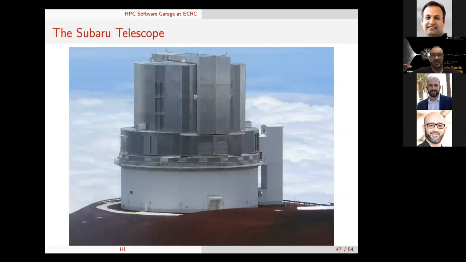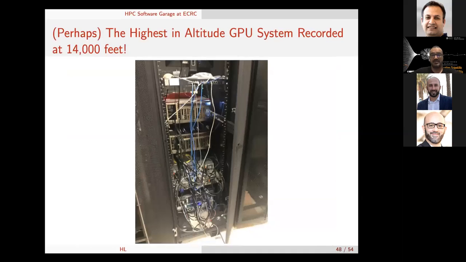The Subaru Telescope, all right. So we talked about the European Extremely Large Telescope that is being designed at this time, right? But the Subaru Telescope is out there, okay? And we are actually running some of our software in that telescope located at 14,000 feet. They have a small GPU rack hosted in their tiny data center on the telescope, and they cannot afford to have a huge data center.